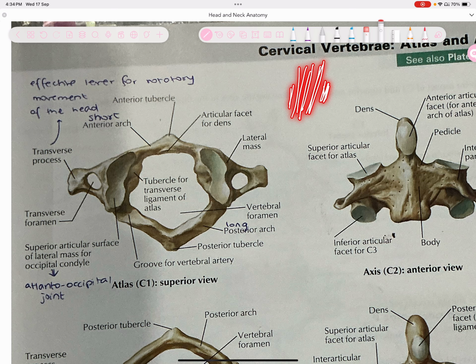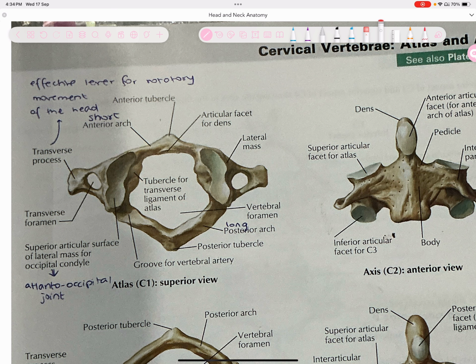On the posterior surface, there are two or more foramina, and through these foramina is the passage of basivertebral veins. Now moving on, the anterior tubercle provides insertion on each side to the upper oblique part of the longus colli muscle.